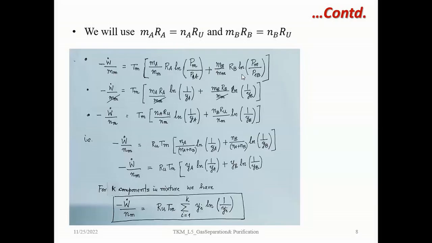Next, let us divide throughout by the common factor MM. We remove that MM from the denominator on the left hand side, and so also the MM on the right hand side is removed. MA RA we write as NA RU, and similarly MB RB we write as NB RU.